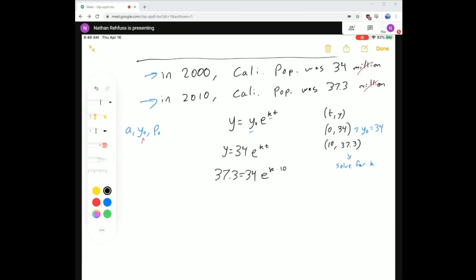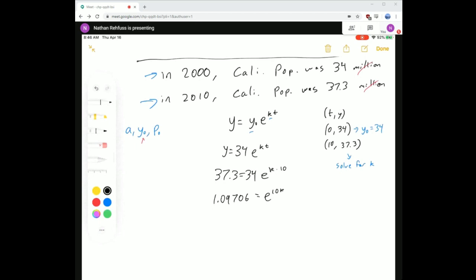And that means the only unknown left is the parameter k. This process is going to be the same every time we do it. We divide by the coefficient, take the natural log, divide by the 10. So divide by 34. 37.3 over 34 is 1.09706.